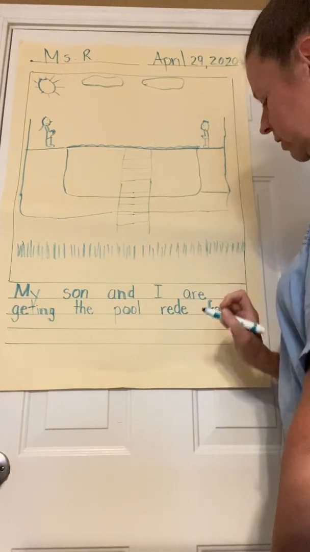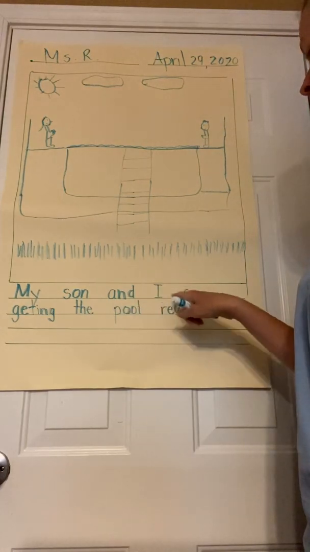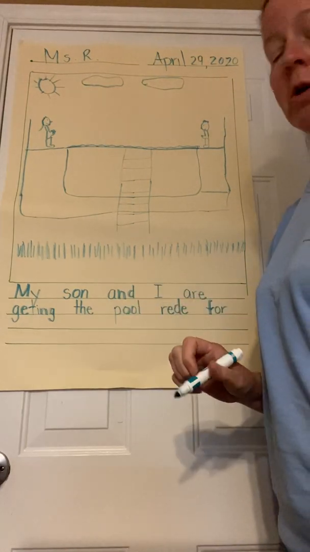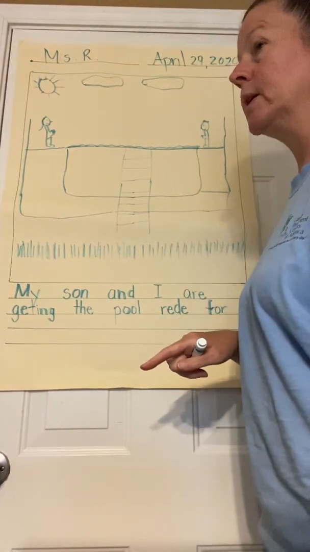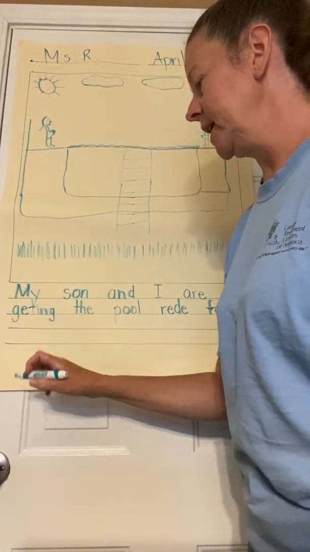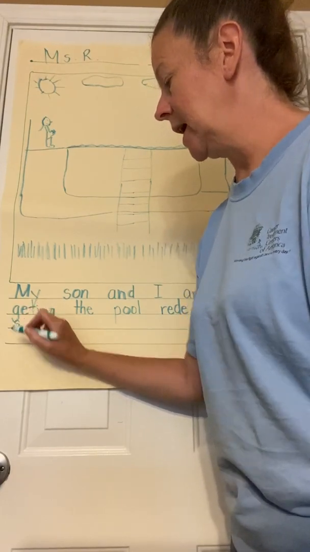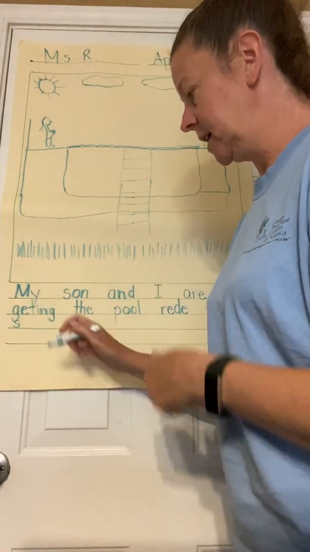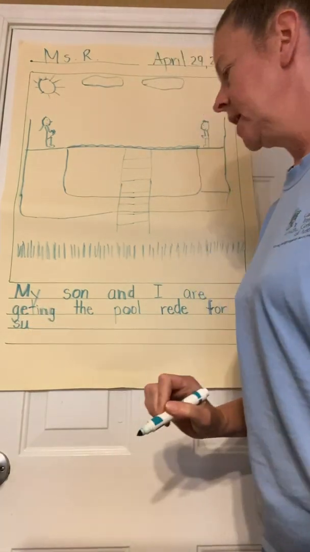For is a word too that we've learned. My son and I are getting the pool ready for summer. I don't have enough space here to write the word summer because summer is a pretty big word. So I'm going to go down here. Let's sound out summer. Is that short U, the umbrella?